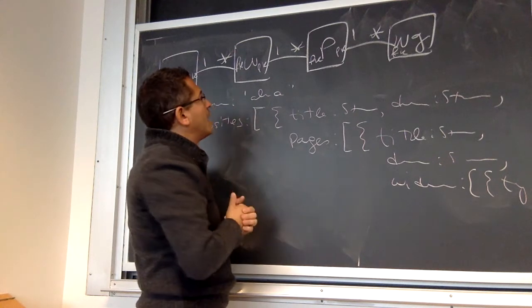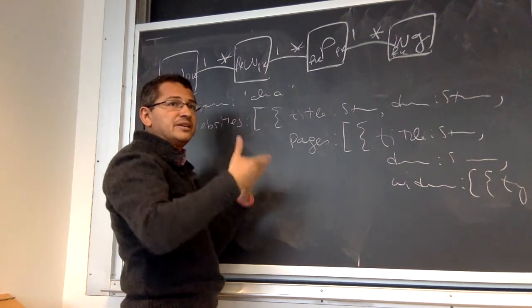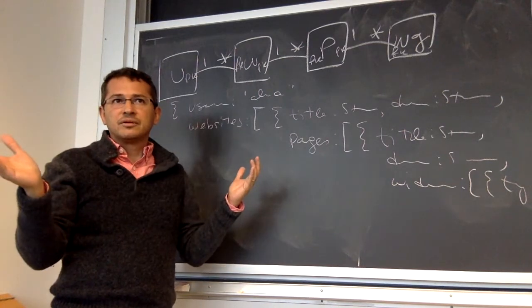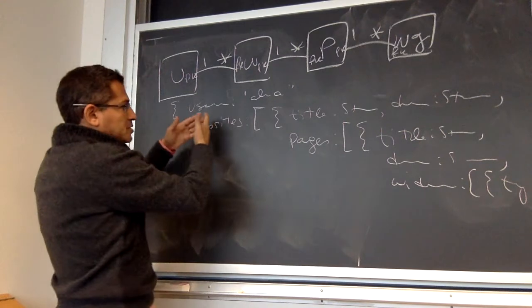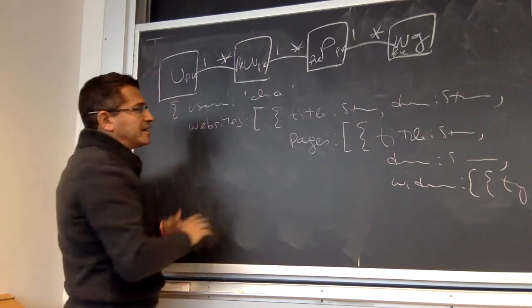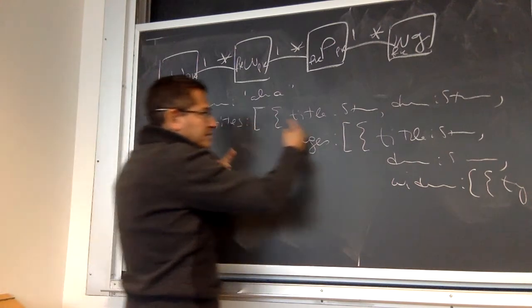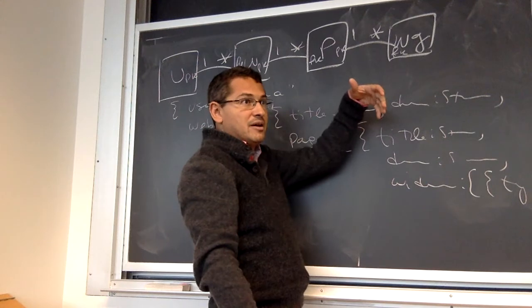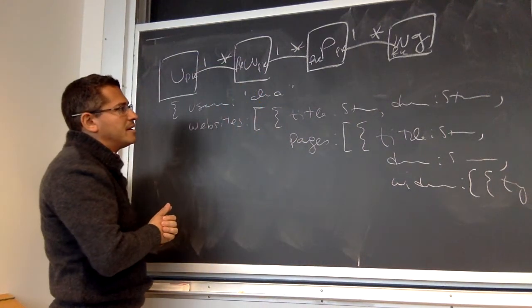So, for instance, an administrator might want to list all the websites across all users, irrespective of who the developer is. If you use this encoding, it would be very inconvenient. It would have to fetch the users and then for each user iterate over all the arrays of the websites and retrieve each website instance and then create one large collection. It would just be very, very inconvenient to retrieve it that way.